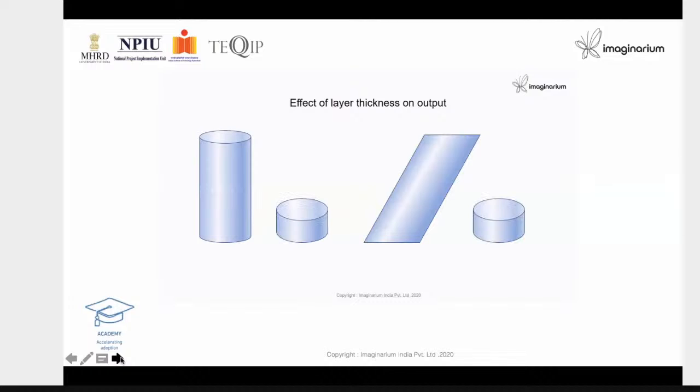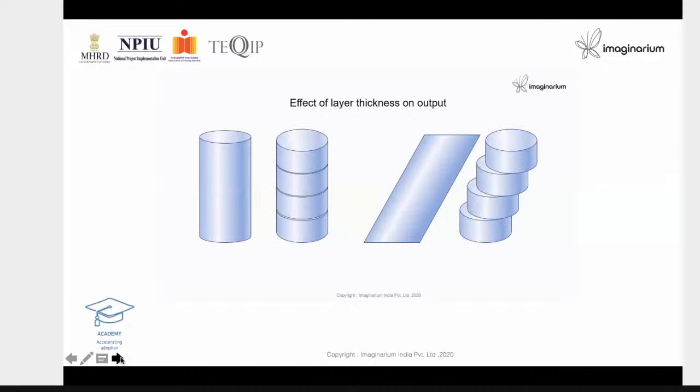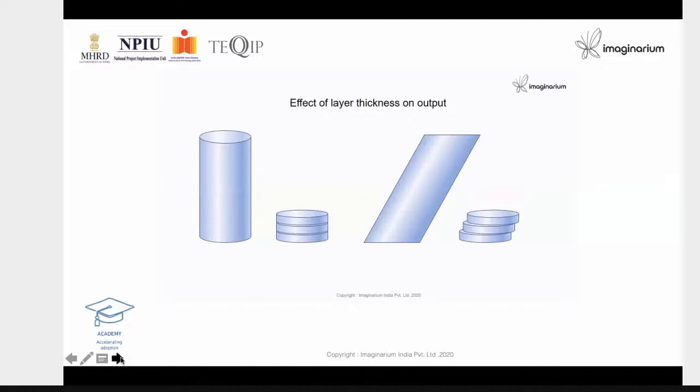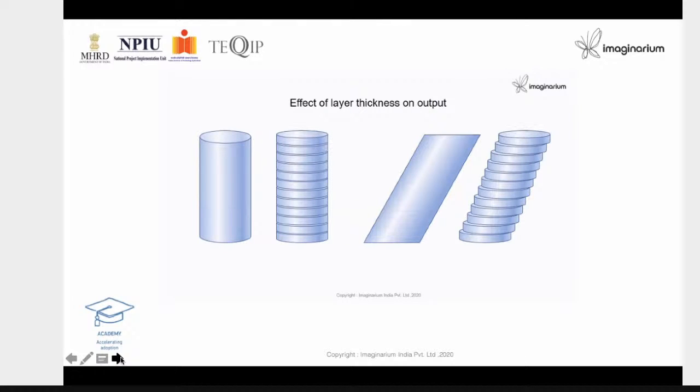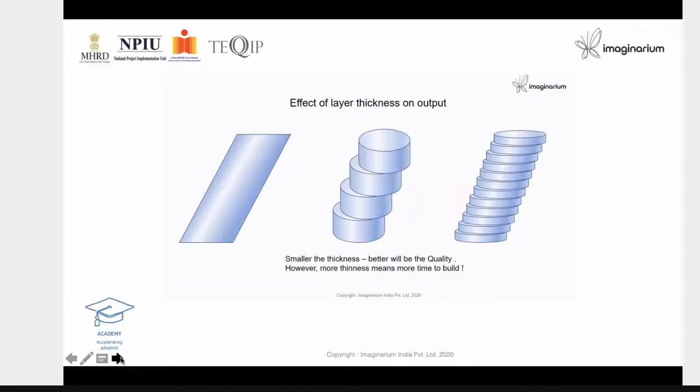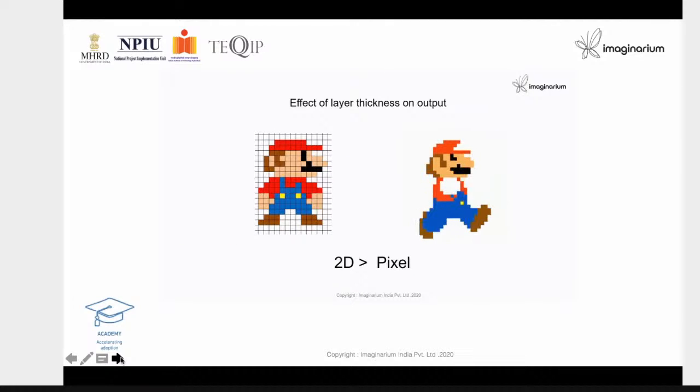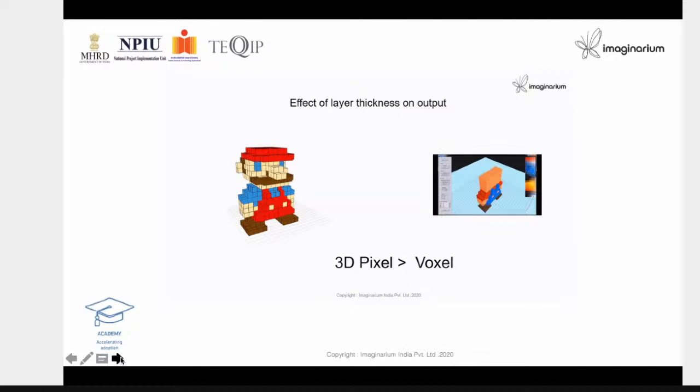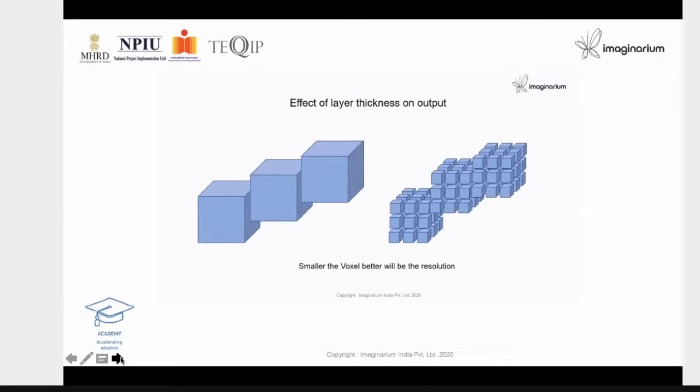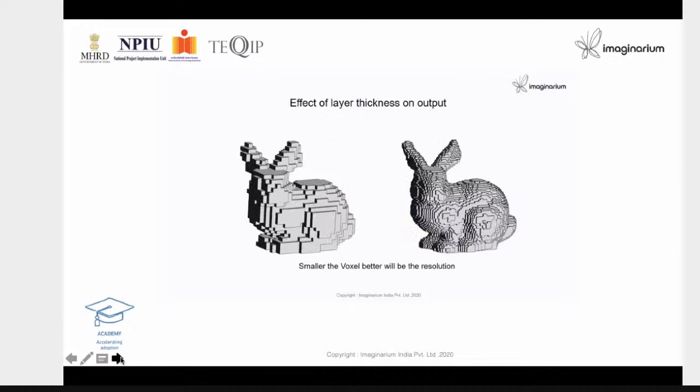Well, in fact, the 3D printed object, when it is built vertically, doesn't have any problem. But once it takes an organic form or a slant, the layer thickness is going to really contribute to define the resolution. And just like how you have a concept of a 2D pixel, the 3D pixel is also very important.